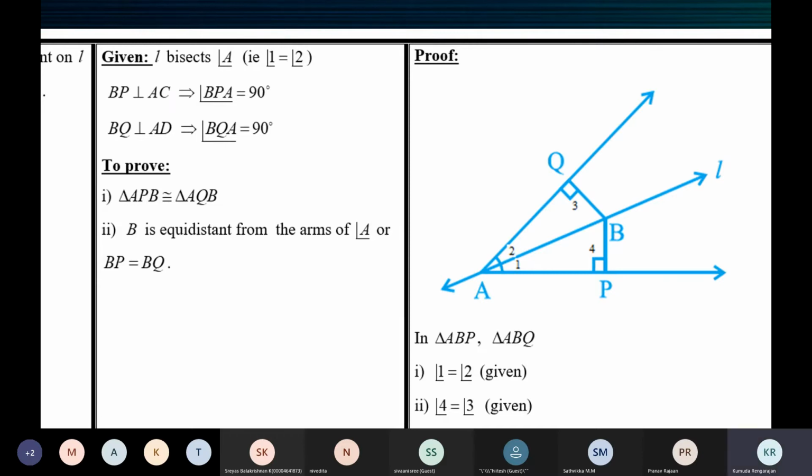BP is a perpendicular from the point B to one arm of the angle. BQ is also a perpendicular from the point B to the other arm of the angle. I'm sure you all understood that. So since BP and BQ are perpendiculars, you can see angle P and angle Q marked 90 degrees. So angle 3 is 90, angle 4 is 90.